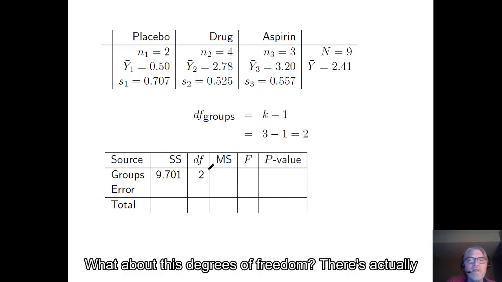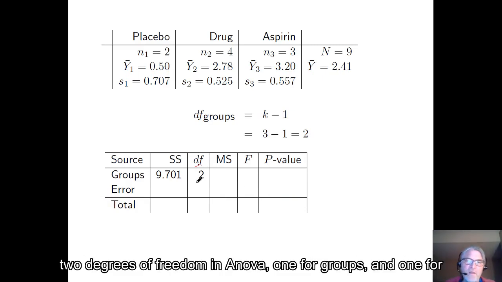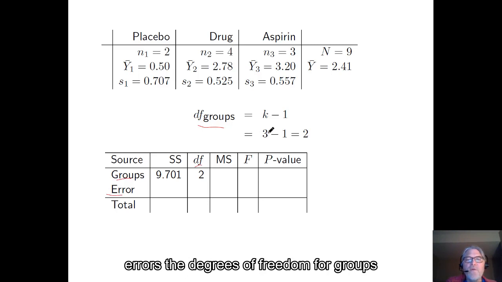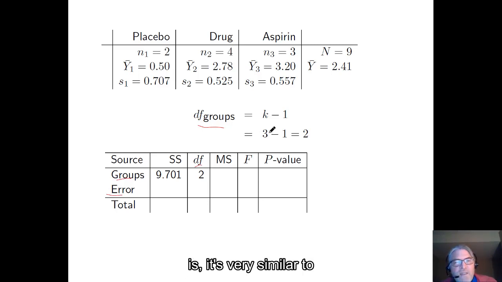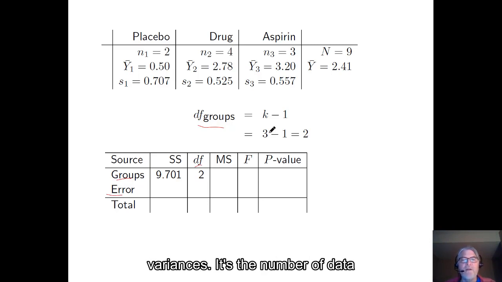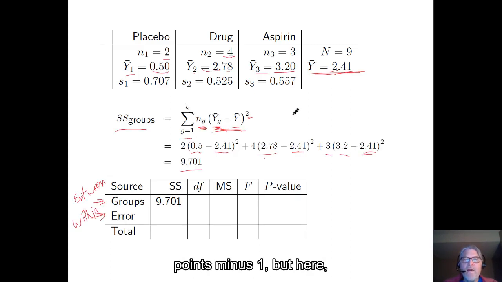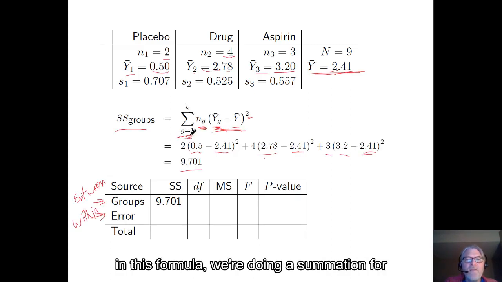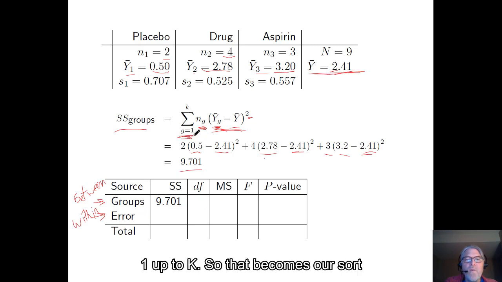What about this degrees of freedom? There's actually 2 degrees of freedom in ANOVA, one for groups and one for errors. The degrees of freedom for groups is very similar to how we were thinking about degrees of freedom before when we were estimating variances. It's the number of data points minus 1, but here in this formula, we're doing a summation for each of the groups, so it's going group 1 up to k.